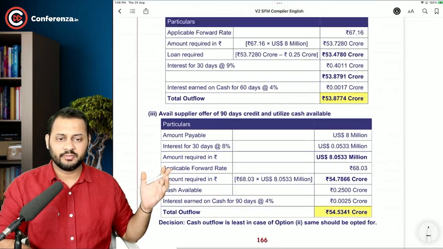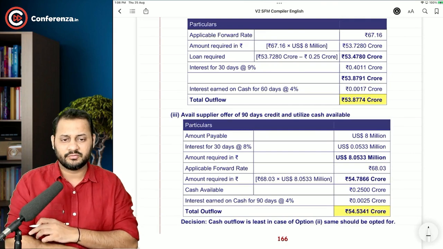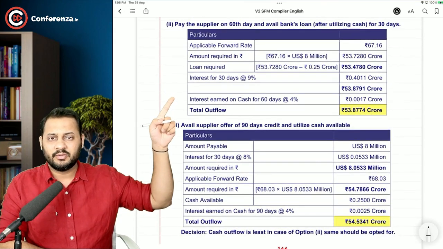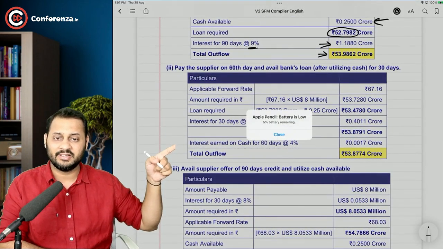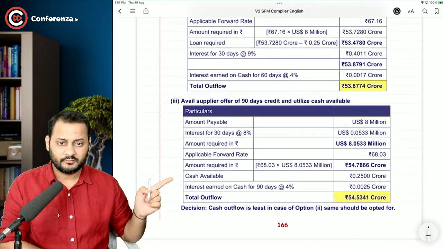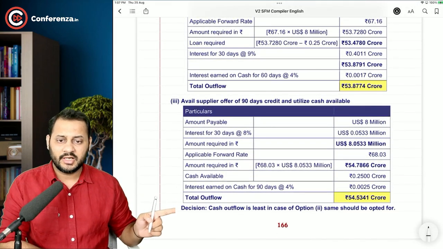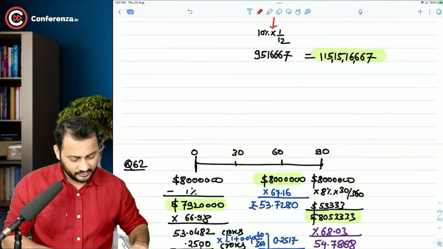So which option will be preferred? I think the second option is preferred by us to make the payment after 60 days, because the first option is giving us higher payment, 53.98, and this is 53.87 only. And this is 54.53. Cash outflow is least in case of option 2, so that should be opted. So do you understand this with the help of the timeline?